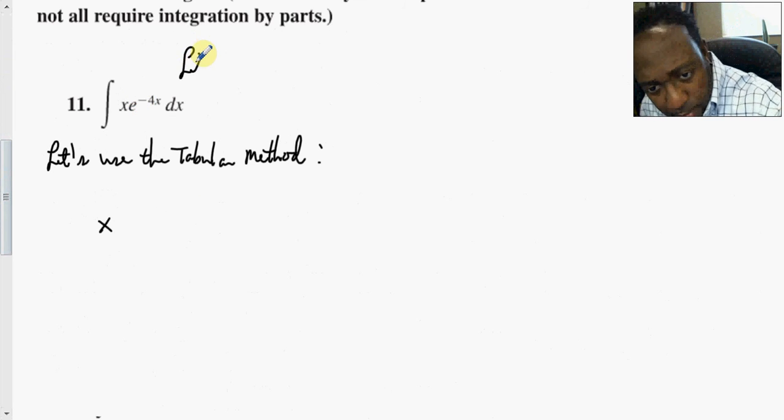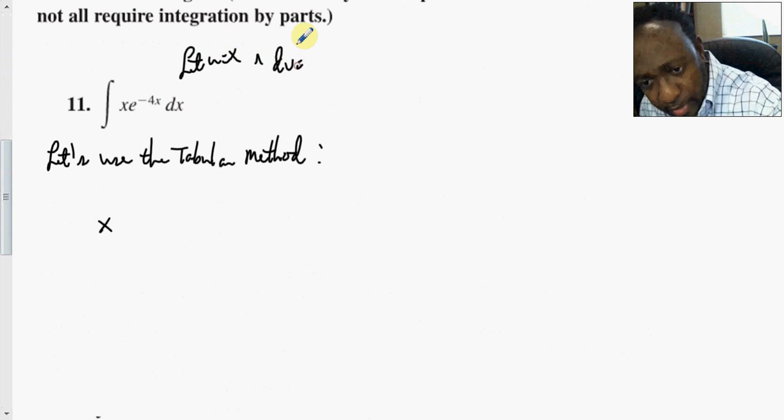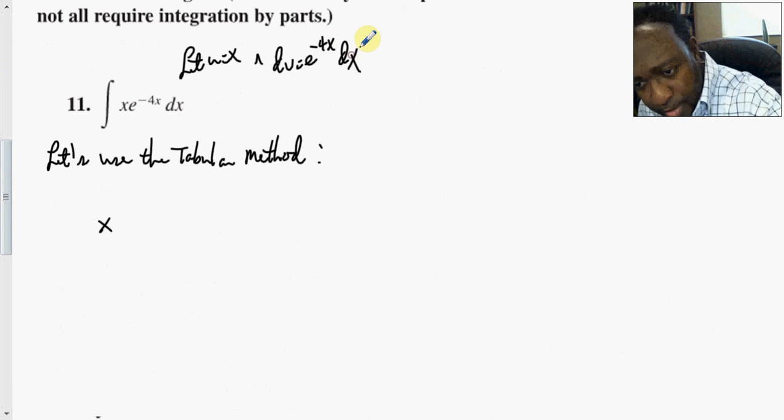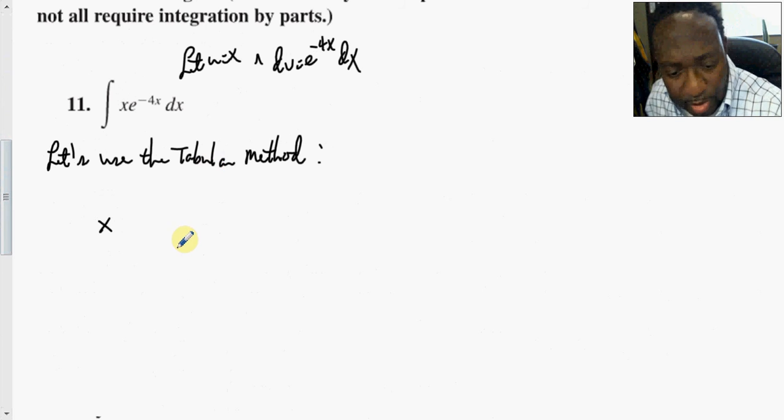So here we're letting u equal x, and dv is equal to e to the negative 4x dx. So I put dv here, and this is e to the negative 4x.